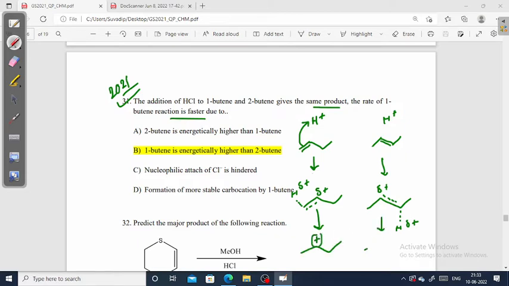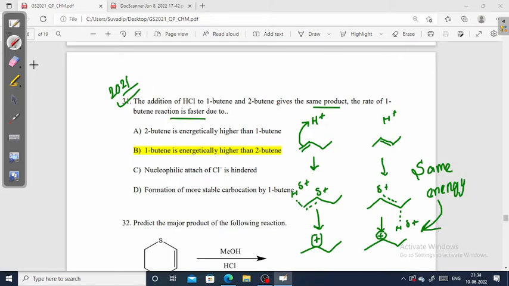Both cases have the same transition state, or we can say the same energy intermediate, and that is a 2 degree carbocation.